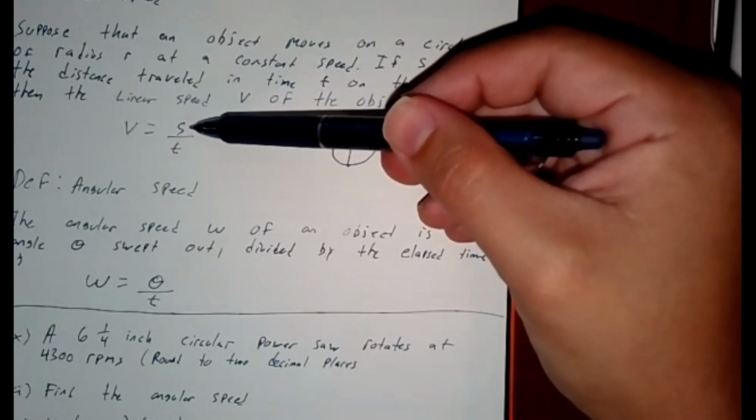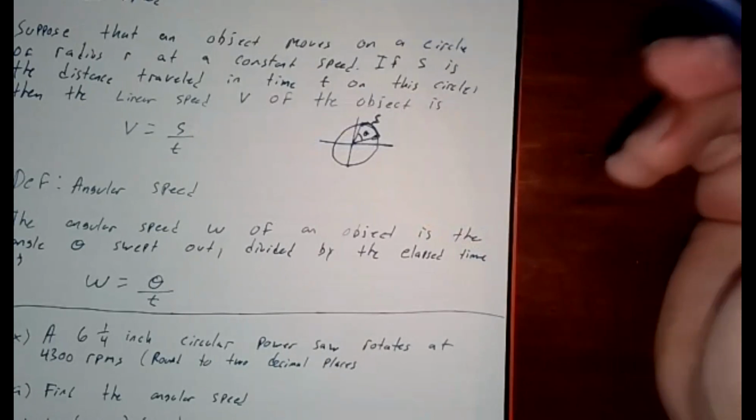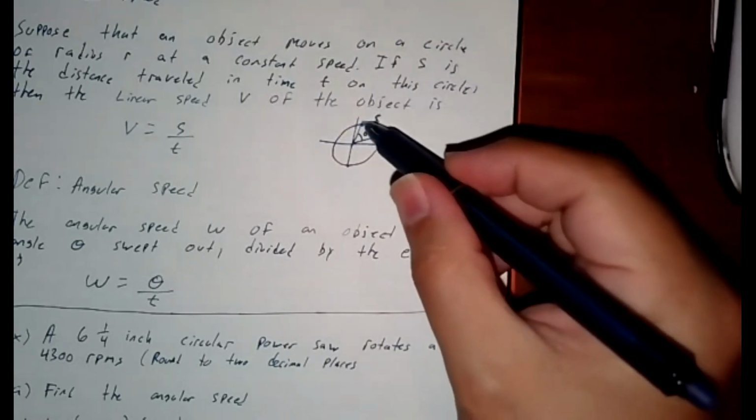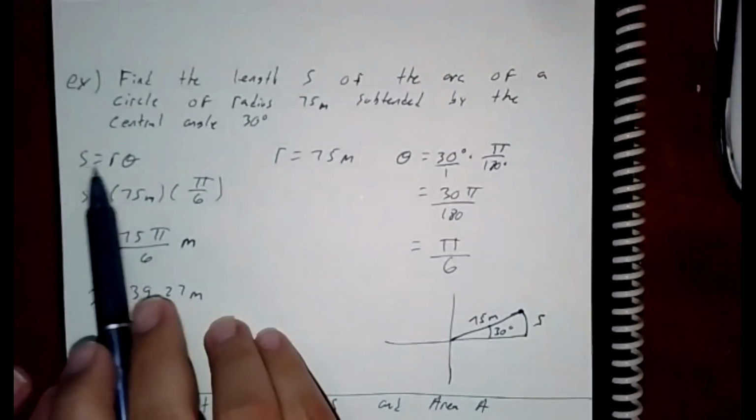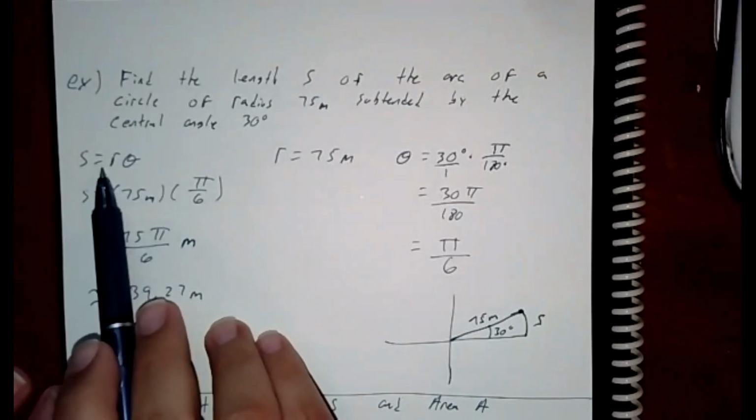It's the distance, the arc length from the last example over here. Yeah, let me show you just in case you guys forgot. Oh, yeah, it's right here. So S is equal to R theta, right?